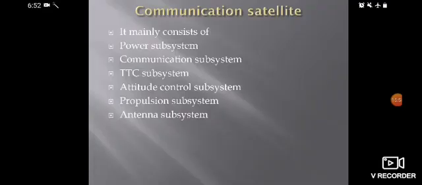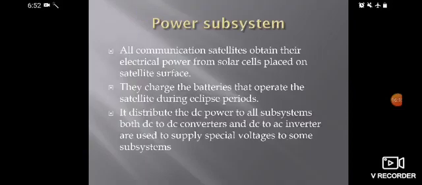That means it mainly consists of the power subsystem, communication subsystem, telemetry tracking control subsystem, attitude control subsystem, propulsion subsystem, and antenna subsystem. Okay, so the first one is the power subsystem. That means all communication satellites obtain their electrical power from solar cells placed on the satellite surface, and they charge the batteries and operate the satellite during the eclipse period, that is during the day period, and distribute the DC power to all the subsystems.